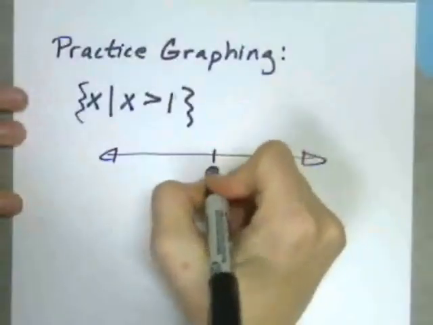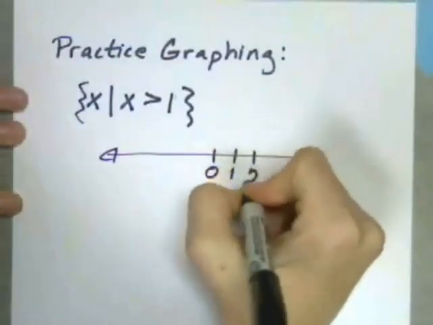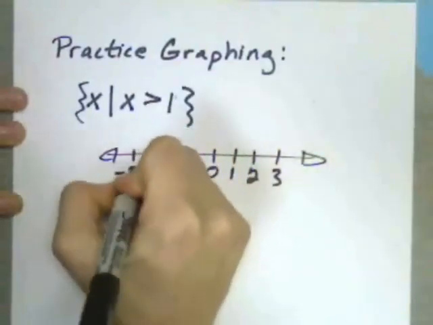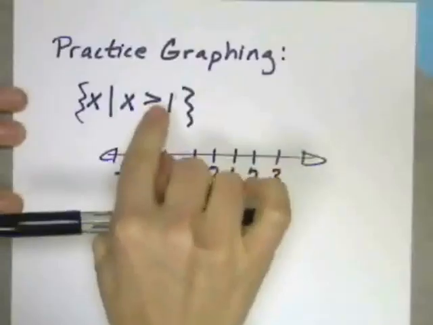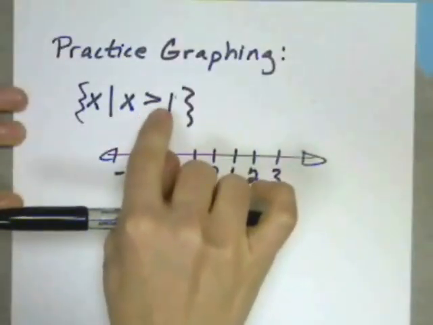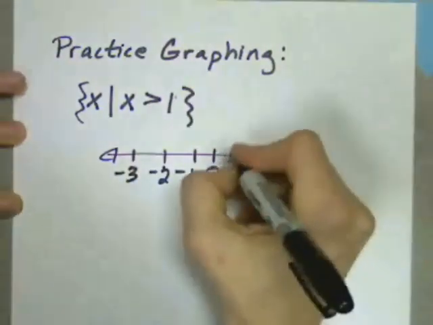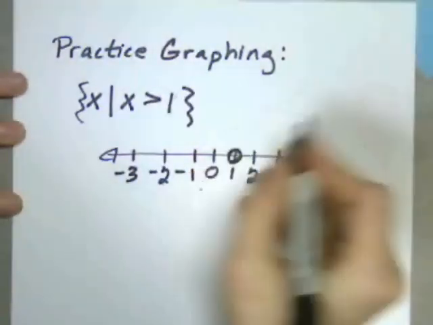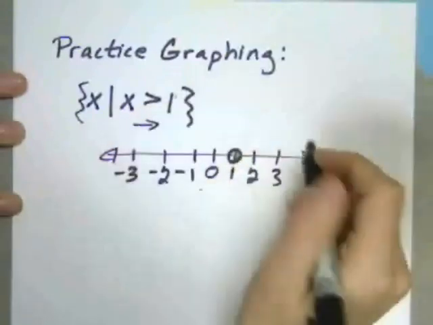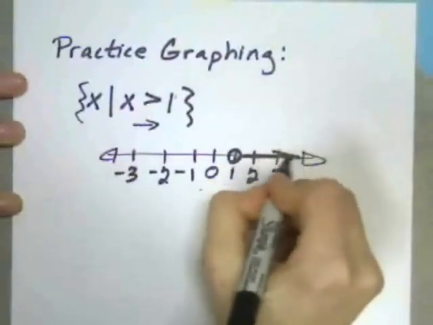So let's see, I have 0, 1, 2, 3. So bigger than 1. Notice there's no equal sign under here. There's not that bar, so it's not going to include the 1. It will not include 1, so I'll put an open circle. And it's going this way, right? Bigger stuff. So I'll color this way for the bigger stuff.